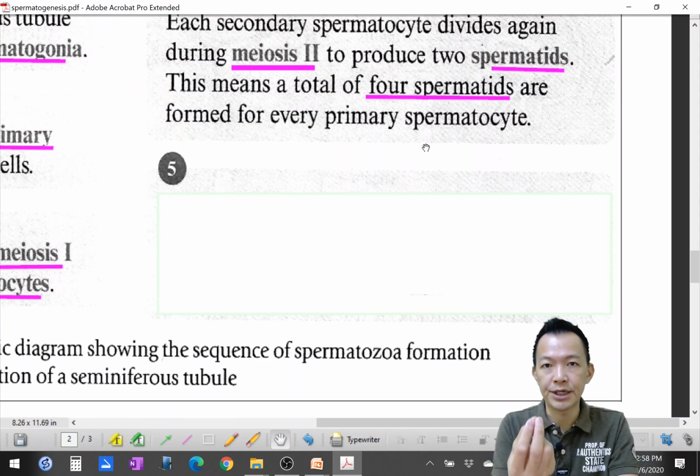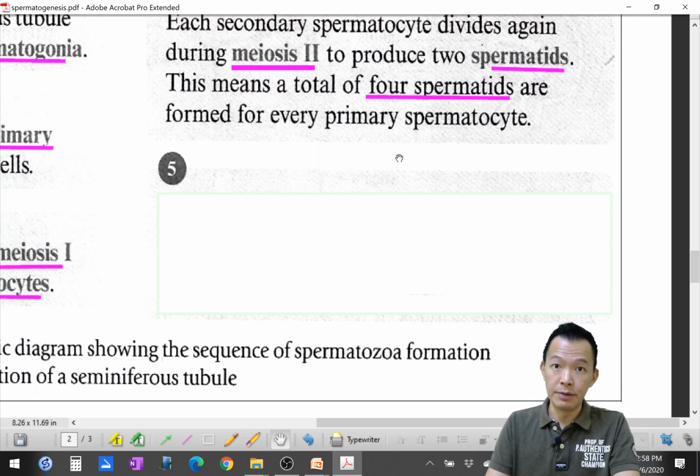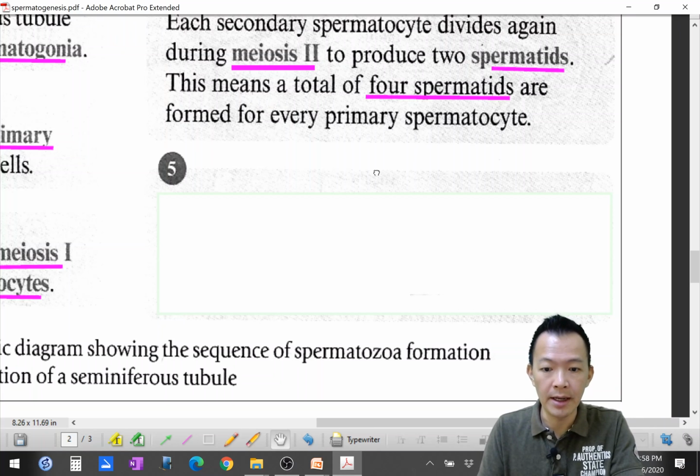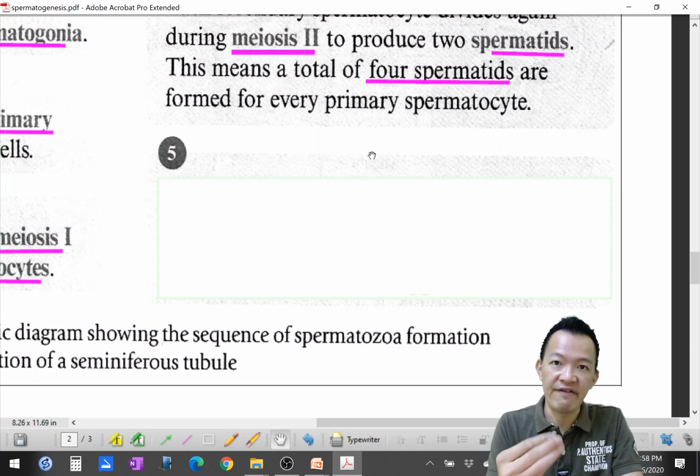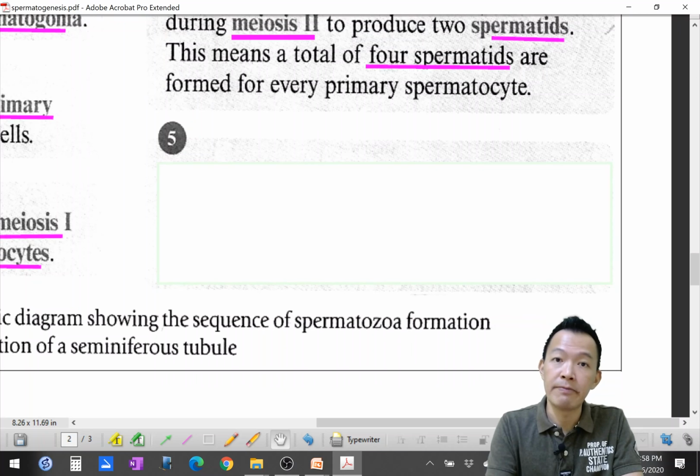What happens to these spermatids? They get nourishment from another type of cell called the satellite cell, and they go through the process called differentiation or specialization. They develop the tails and the head, and finally become functional.